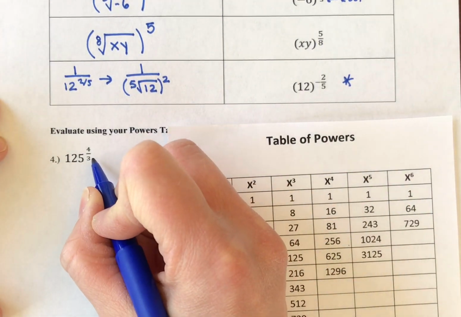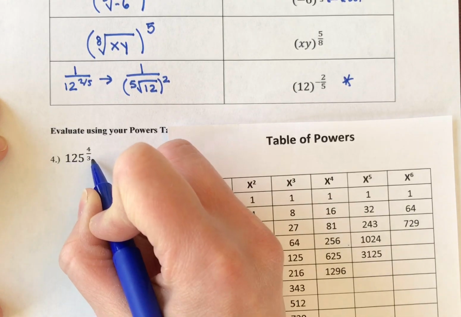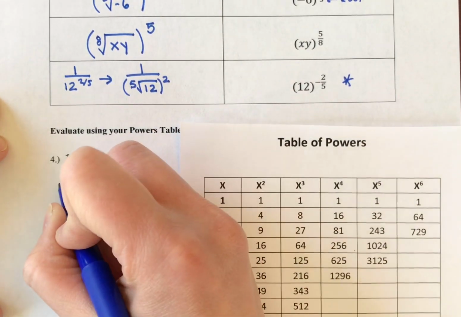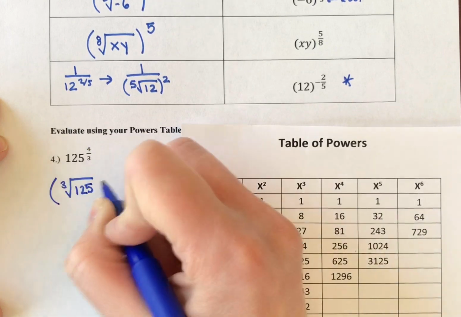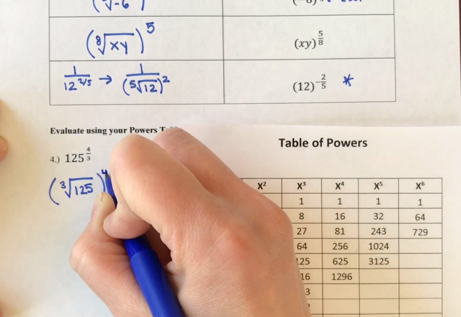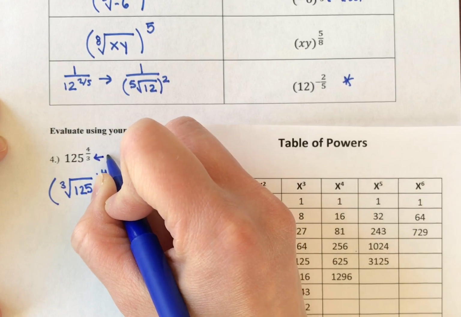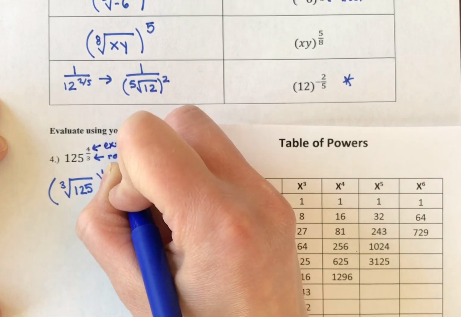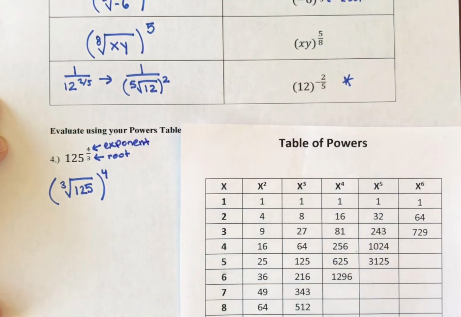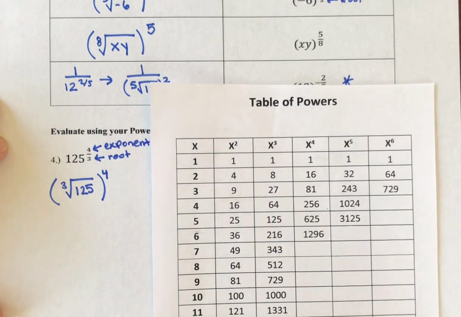So I'm going to start by rewriting this and taking the denominator, which is 3. And I'm going to write this as the cube root of 125 all to the power of 4. So again, don't forget, denominator is the root, numerator is the exponent. And then it's just order of operations. You want to use your table.